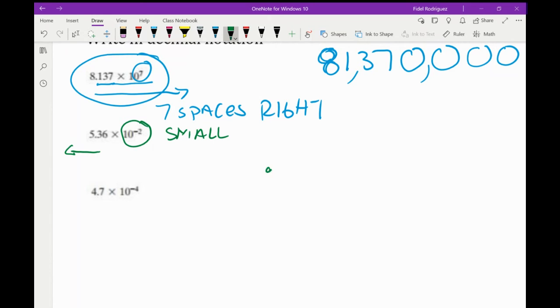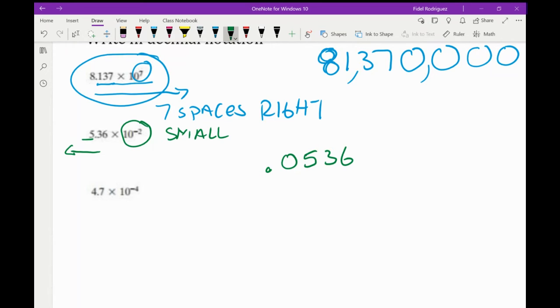So I'm going to put a point, and I want you to notice how many numbers I already have in front of my decimal. I already have 1 number, and then if I need to get 2, that means I just got to add 1 zero, and so there's my number again in decimal form, right?